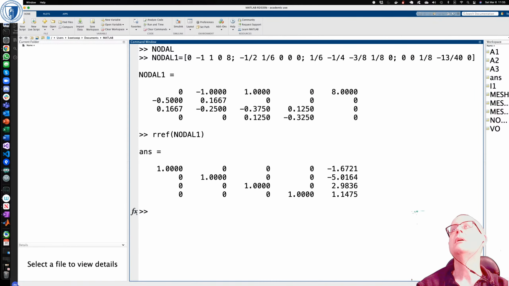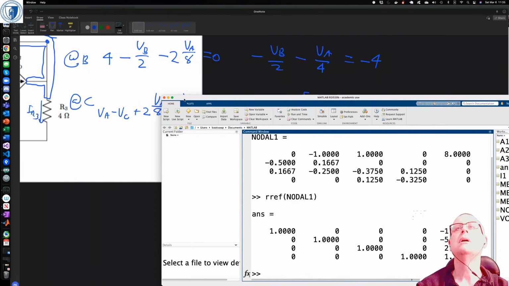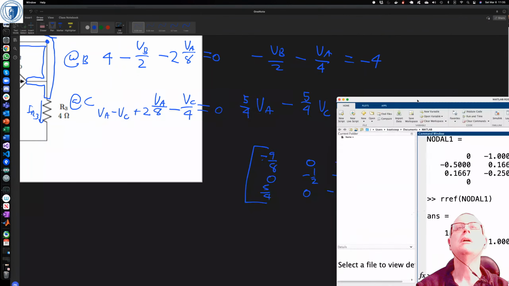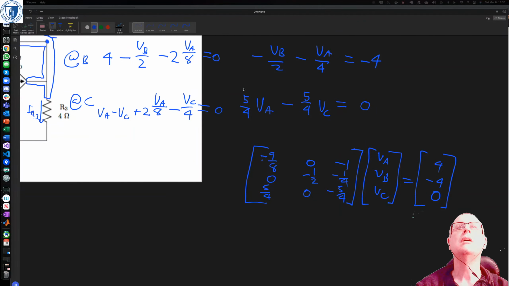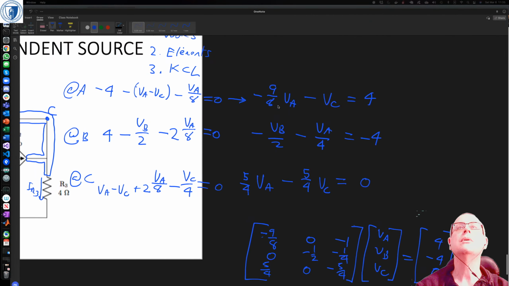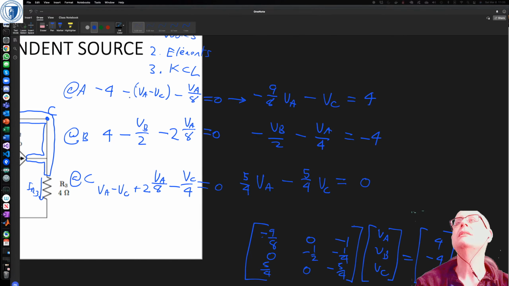For the first row, shouldn't VC be positive 1 instead of negative 1? Ooh, you are right. I made a mistake all the way back up here, because there's a minus VC, so that one should be positive VC.